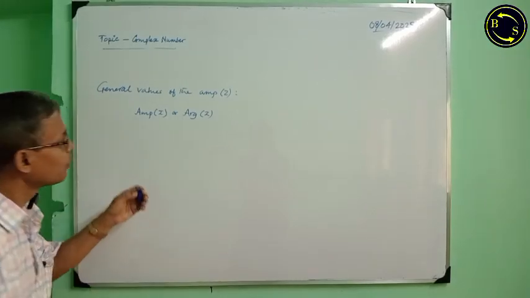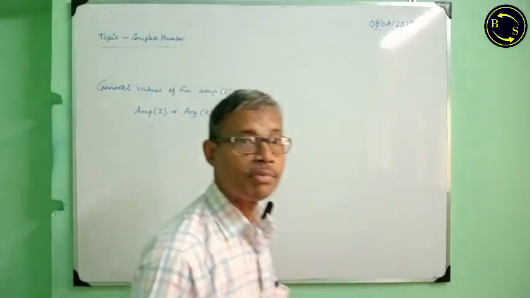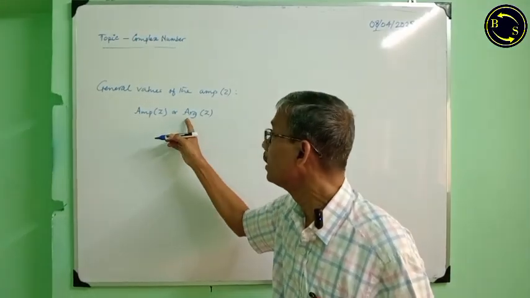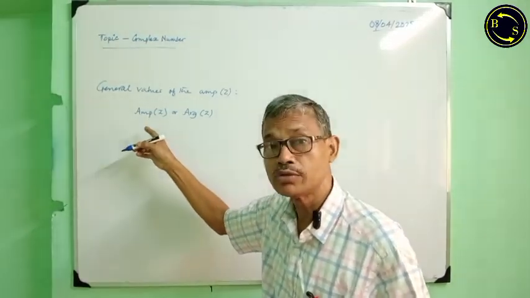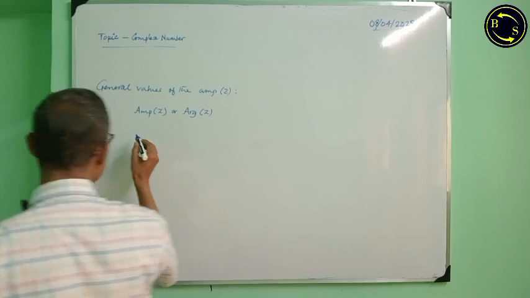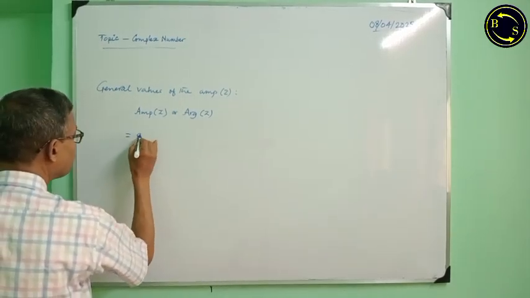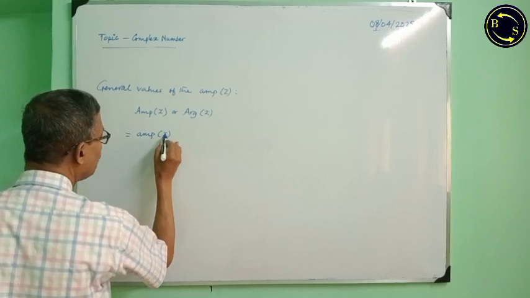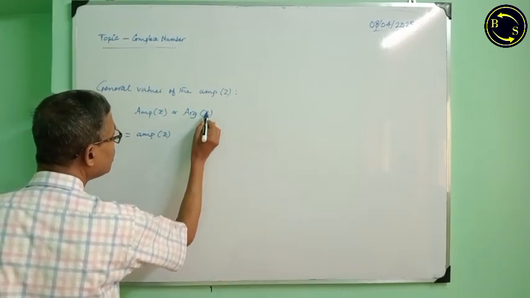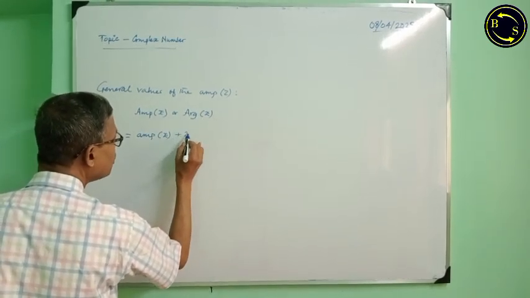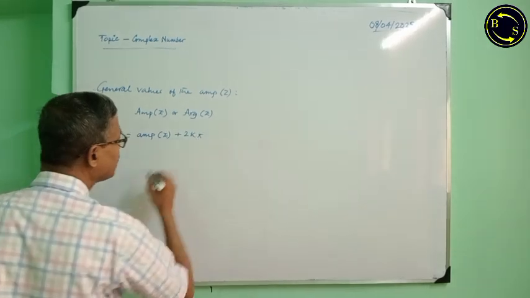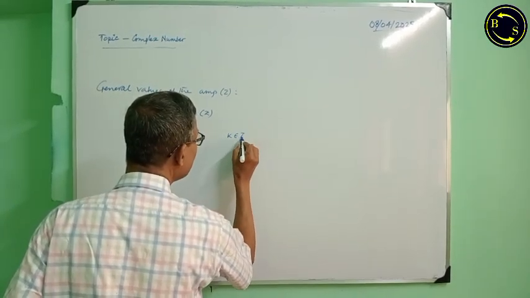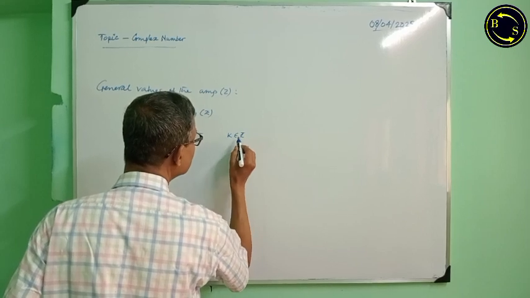You note here we have used capital A for general values. That is defined by the principal value of the complex number plus 2k pi, where k is any integer.